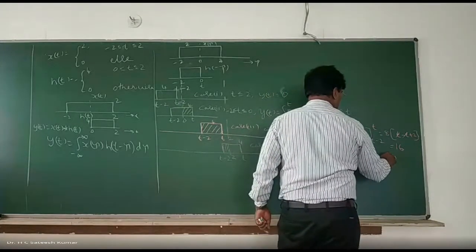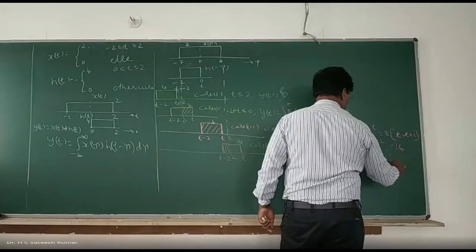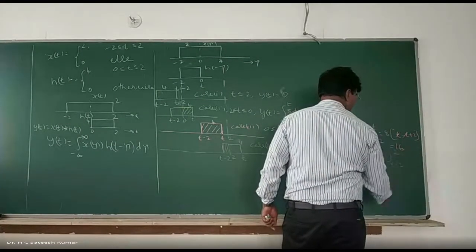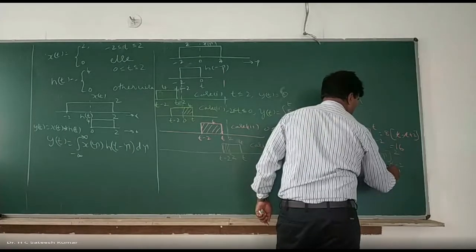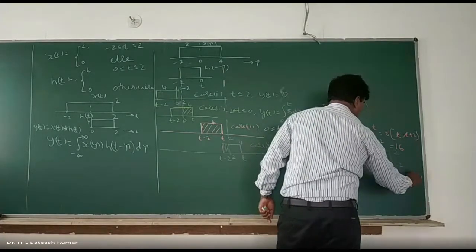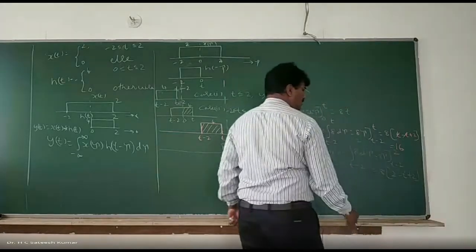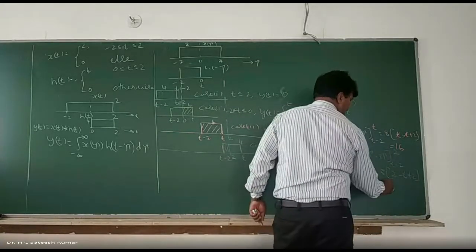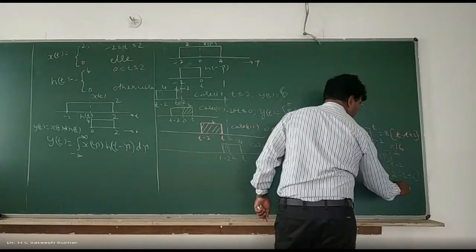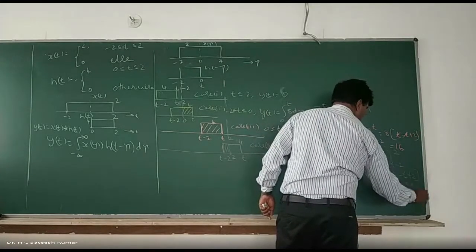This is equal to 8 tau between the limits t minus 2 to 2. Therefore, this is equal to 8 into 2 minus t plus 2, which is equal to 2 plus 2, 4. 4 into 8, 32 minus 8t.